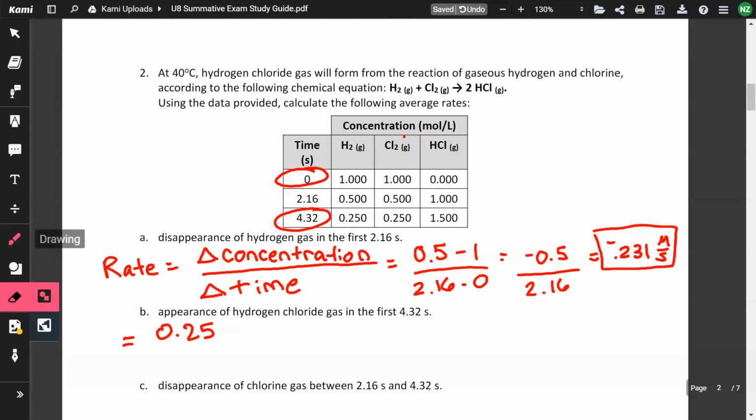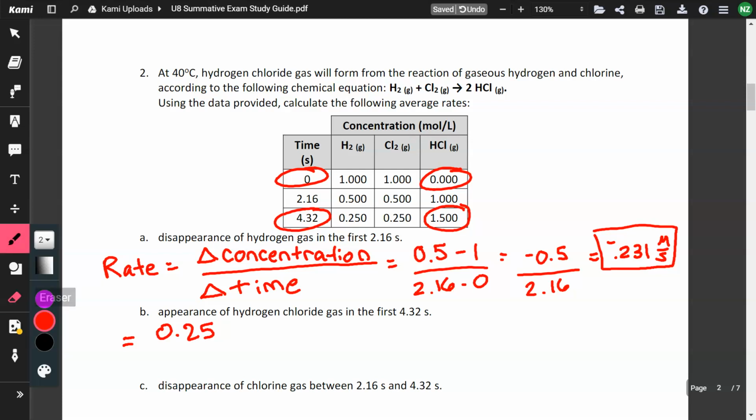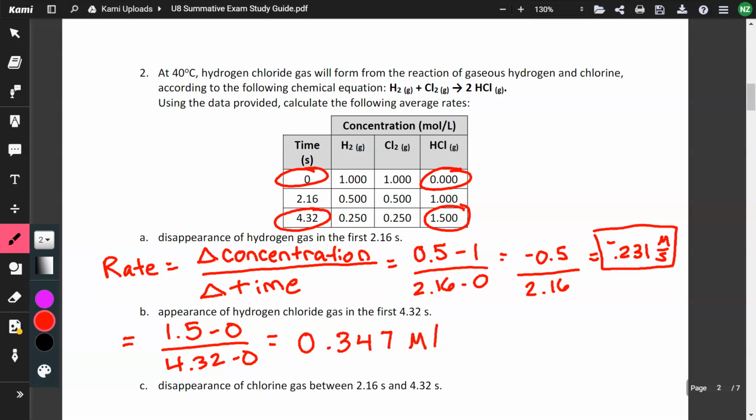It's hydrogen chloride gas, so it should be these two numbers. I was looking at just chlorine gas. We want hydrogen chloride gas. Read the question carefully. All right. So it would be 1.5 minus 0 over 4.32 minus 0. So essentially we're going to do 1.5 divided by 4.32, which will give us 0.347 molarity per second. That's the rate of appearance.